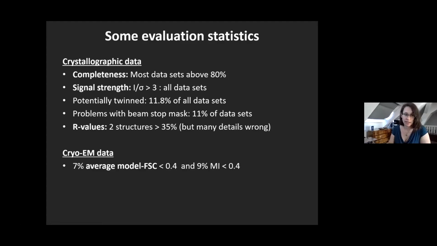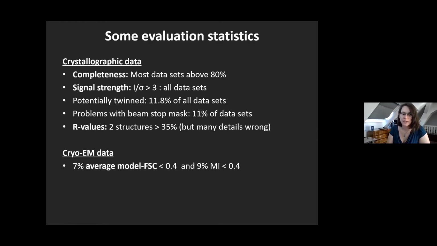As for cryo-EM data, we looked at the average model Fourier shell correlation, which is somewhat comparable to an R value, and a mutual information score, MI. 7% had a too small average model FSC, and 9% a too small mutual information coefficient.